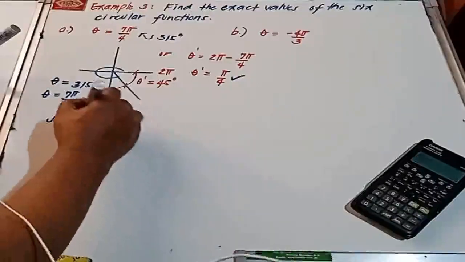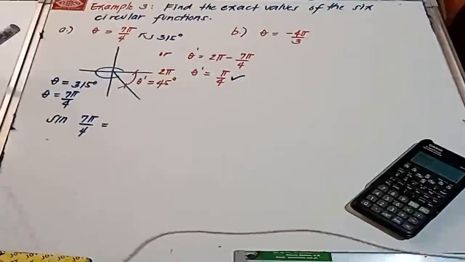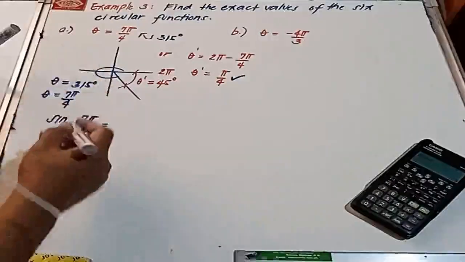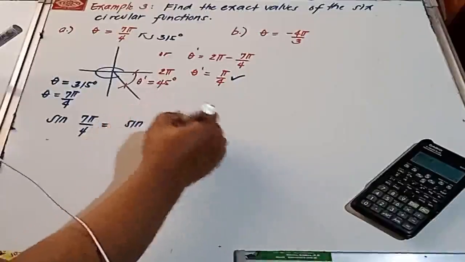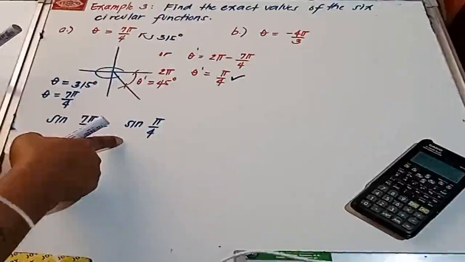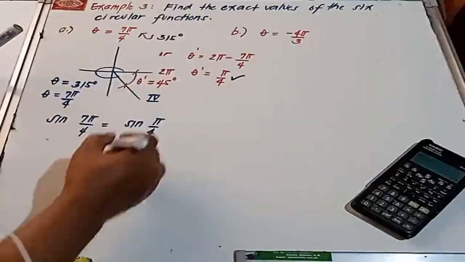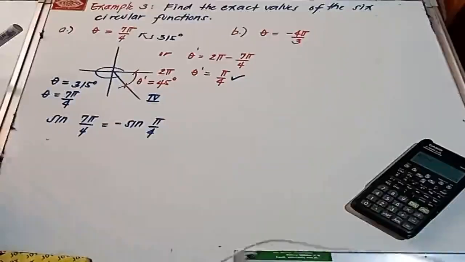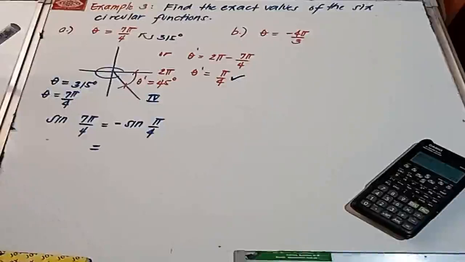Sine 7 pi over 4. Or that is the same as sine 315. Okay? Using the reference angle, we have sine pi over 4. Ano ang sign ng sine function sa fourth quadrant? Negative. So, we affix negative sign. Okay? So, sine pi over 4 or sine 45 degrees is square root of 2 over 2.